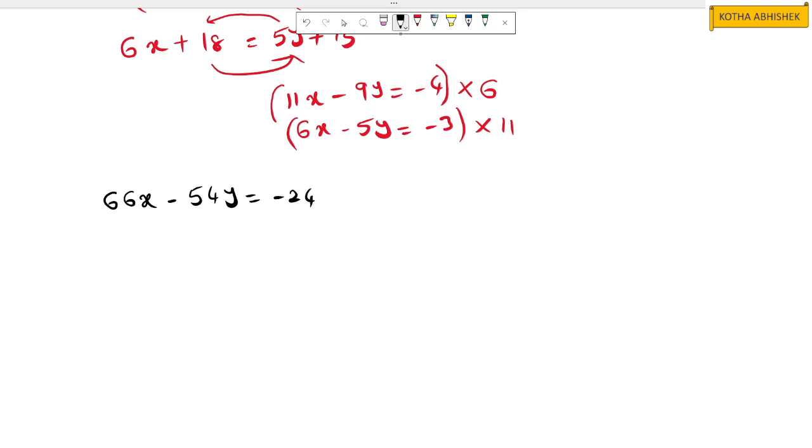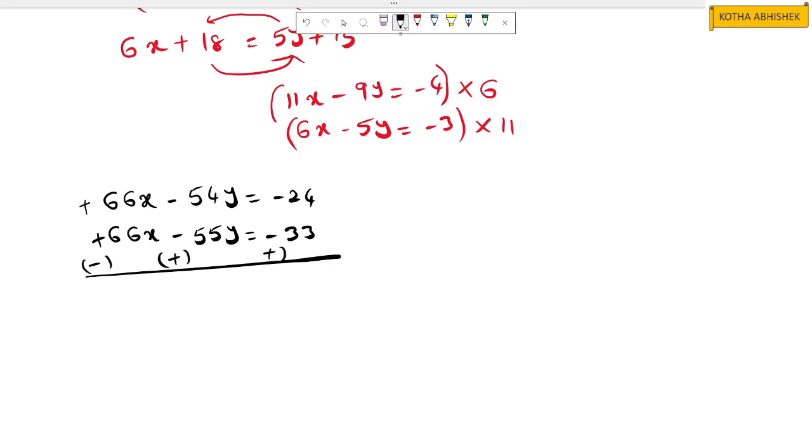The same for the second equation: 11 into 6x is 66x minus 11 into 5y is 55y equals 11 into minus 3, that is minus 33. Now here this is plus 66, this is plus 66, both are the same symbols. Both being the same symbols means we will do subtraction. If you are doing subtraction, in the second equation all the symbols will change. So plus will become minus, minus becomes plus, minus becomes plus.